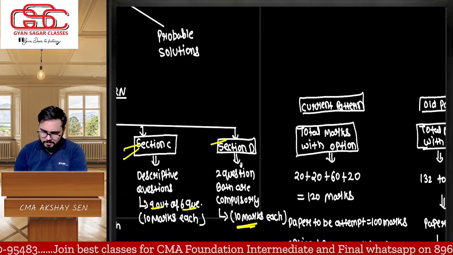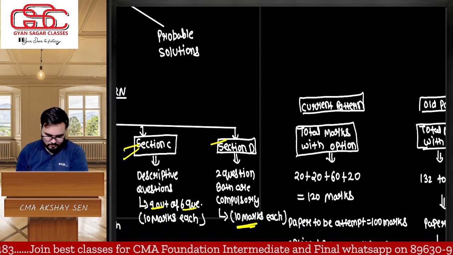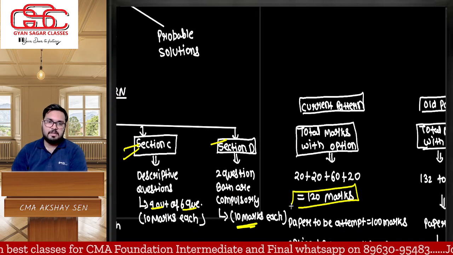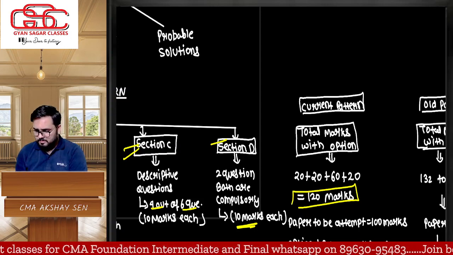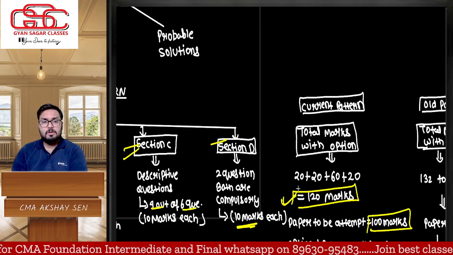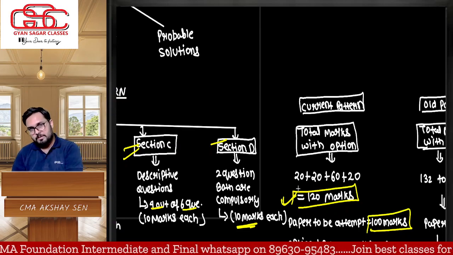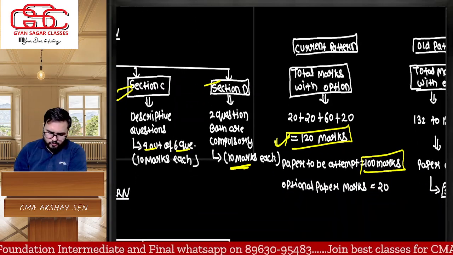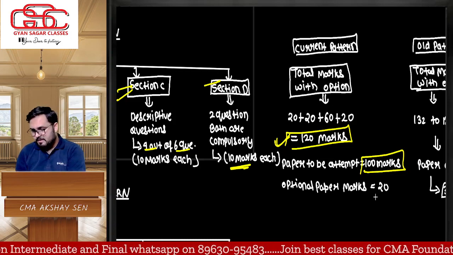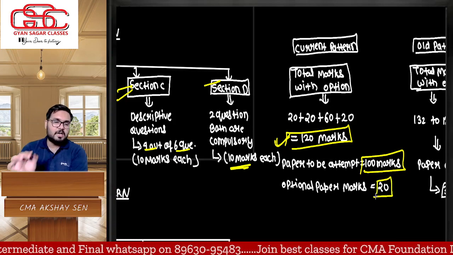It has 2 questions, so 20 marks for that. If we total the paper with the options, we get 120 marks. It means we have to attempt a 100 marks paper every time. Out of a 120 marks paper, we have to attempt 100 marks. It means we are getting options of 20 marks over here.